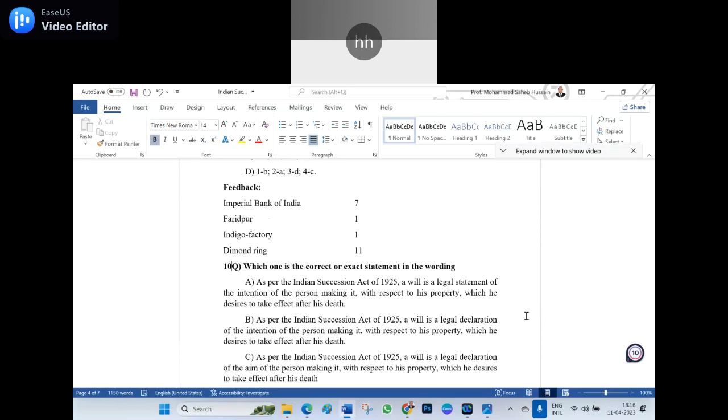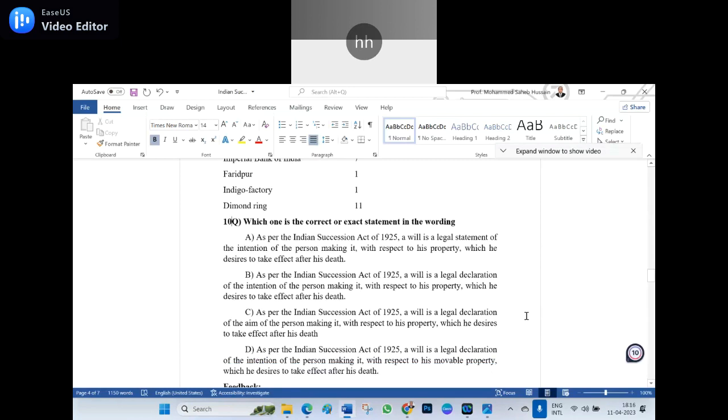B. As per the Indian Succession Act 1925, a will is a legal declaration of the intention of the person making it with respect to his property, which he desires to take effect after his death. C. As per the Indian Succession Act of 1925, a will is a legal declaration of the aim of the person making it with respect to his property, which he desired to take effect after his death.